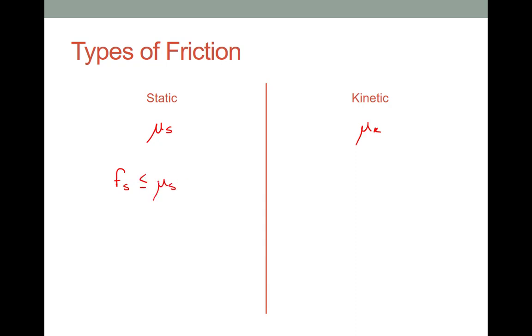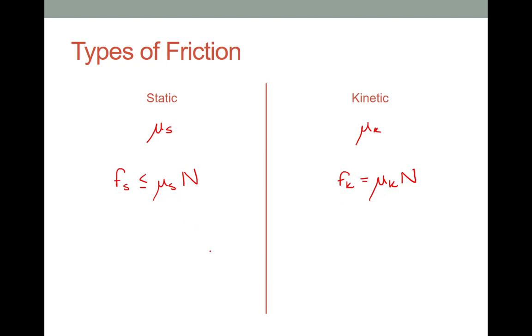That maximum value is given by the coefficient of static friction multiplied by the corresponding normal force. For kinetic friction, single valued, so kinetic friction equals the coefficient of kinetic friction times the corresponding normal force.